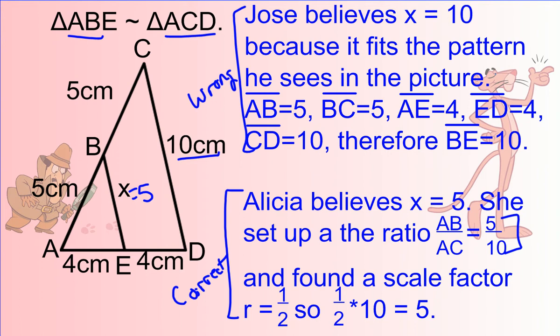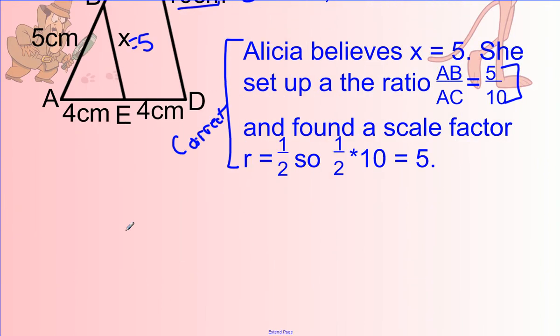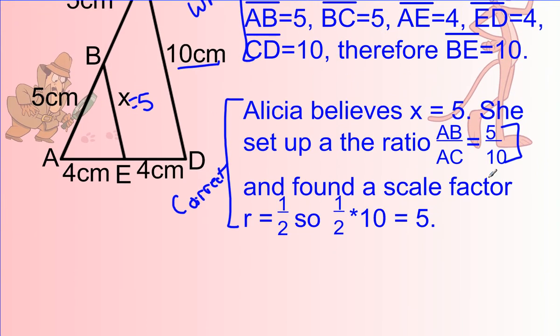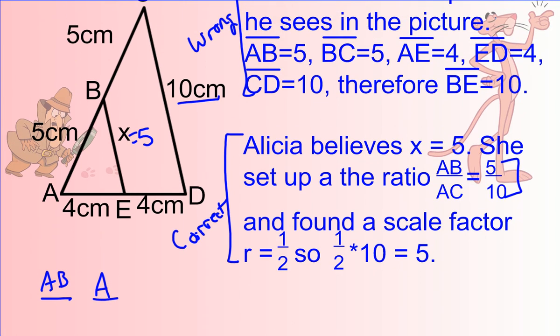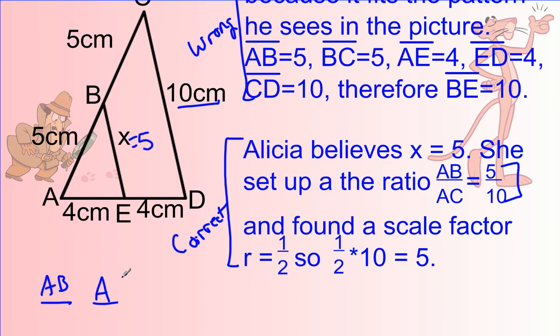You could have also, maybe on your own, set up a proportion and said, okay, well, AB over AC. So this side to this whole side, which is the 5 to 10, and then pick another side.